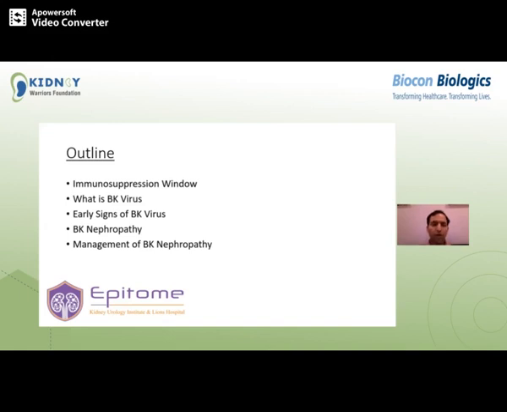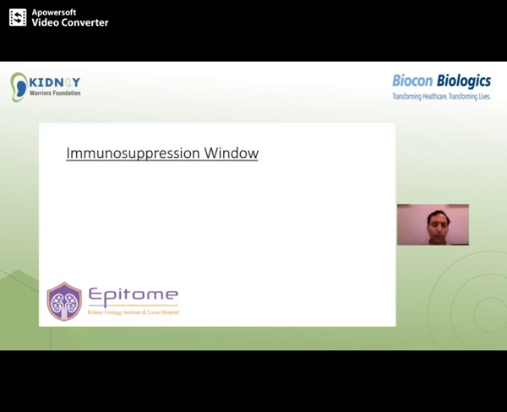So to start, we'll talk about the immunosuppression window. What I mean by this is that when we are trying to manage patients with transplant, there is this window which is the right amount of immunosuppression, which is your immunosuppressive medicines, which is tacrolimus, cyclosporin, mycophenolate, steroids, and there is an amount which is the just right amount for each individual.